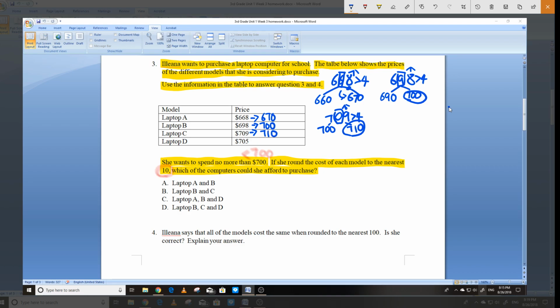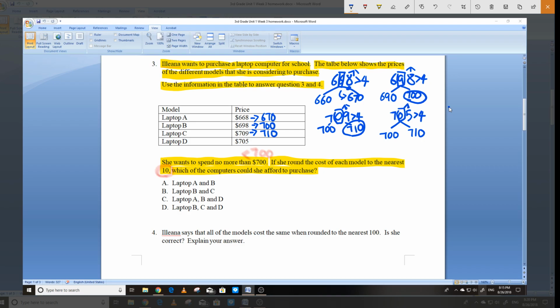And laptop D is $705. Again, the 10th unit is a 0. If we keep it the same, it'll just be 700 because we're going to round down the ones place to 0. If we go up by 1, it would be 710 again. We're looking at the ones place, which in this case is a 5, which is still bigger than 4.